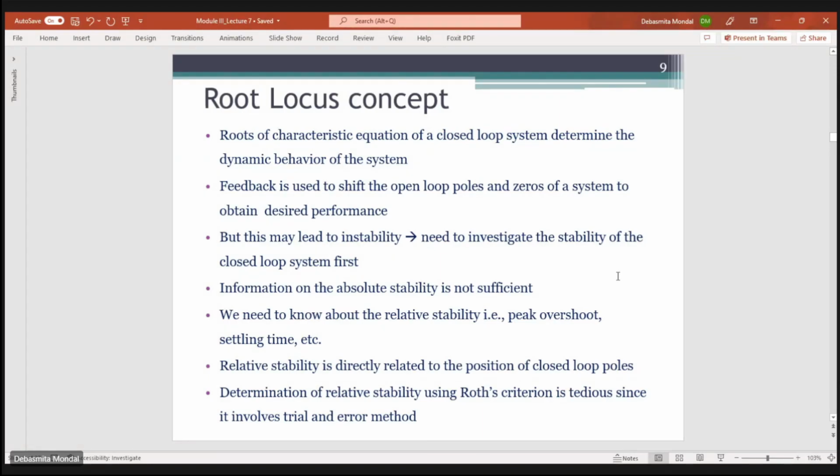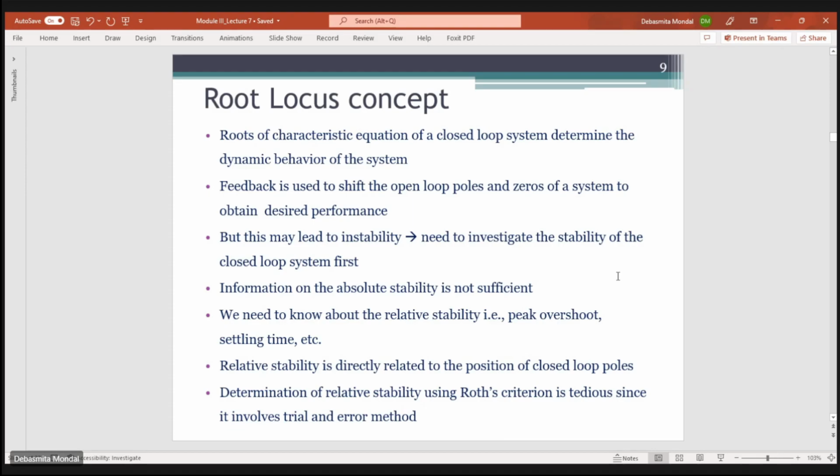The main motivation for using feedback is that we can shift the open loop poles and zeros of the system in a specific way, such that the system performs in the desired way.